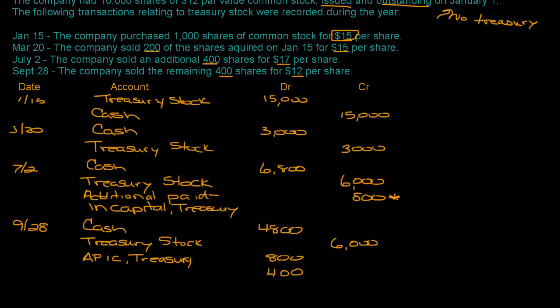So I've used up my additional paid in capital for treasury. Now I have to think, where can I go next? The next step would be to use retained earnings. That's the only other item that I've got in my arsenal. I can't use additional paid in capital for another type of stock, because that additional paid in capital is only related to common stock or preferred stock.